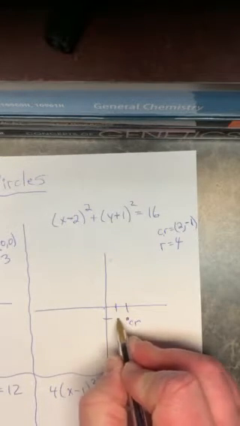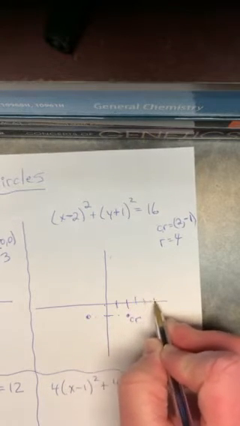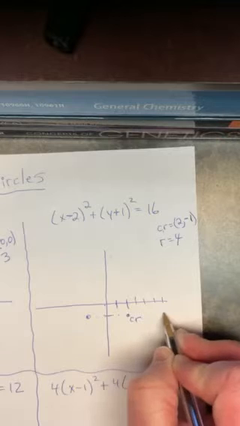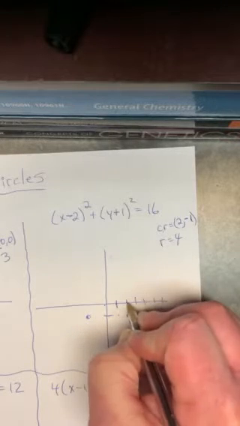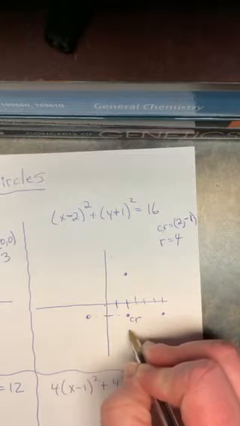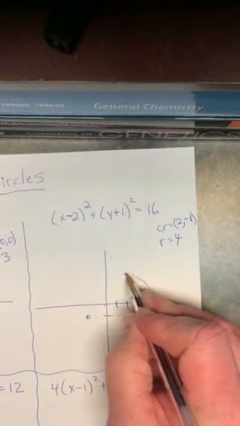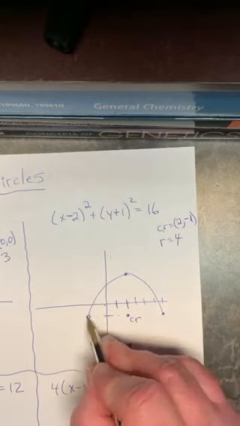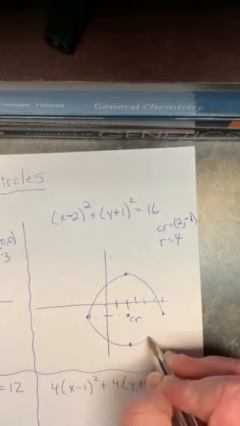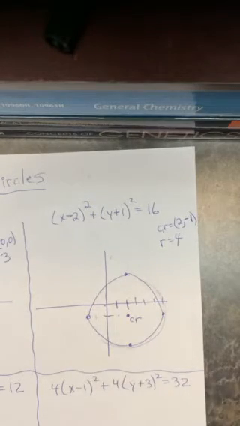You're going to go left 4, right 4 from the center, up 1, 2, 3, 4, and down 1, 2, 3, 4. And connect up your dots and draw a nice, neat, beautiful circle looking like that.